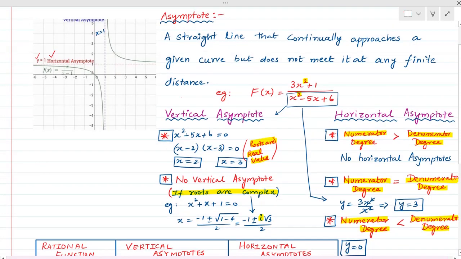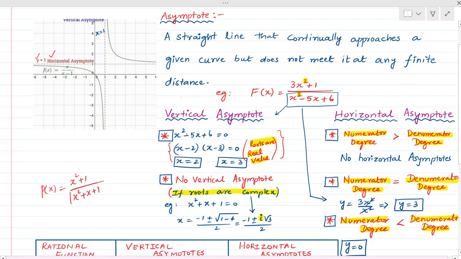The vertical asymptote you can calculate by putting the denominator equal to 0. If you solve, you will get real roots, so we will say the vertical asymptotes are x equals 2 and x equals 3. Upon factoring, you can simplify this part. Suppose you have a rational function, x square plus 1 over x square plus x plus 1.